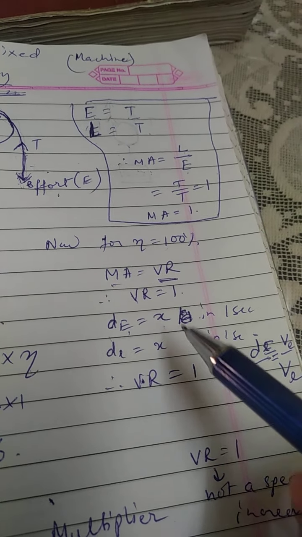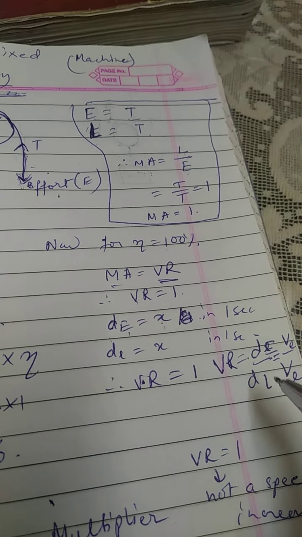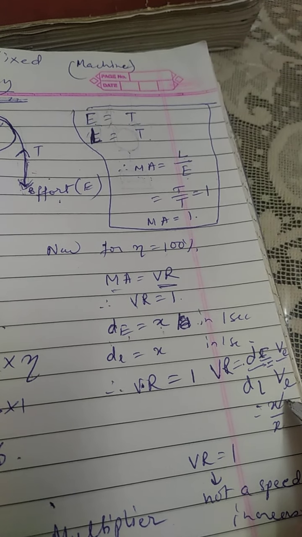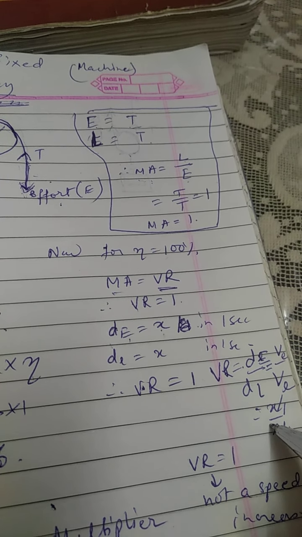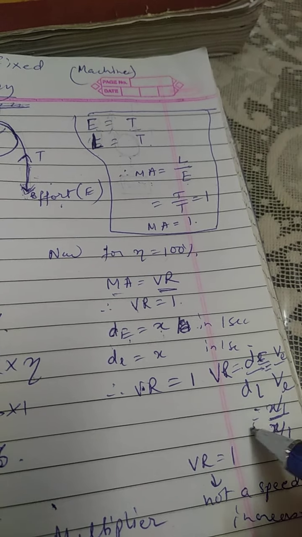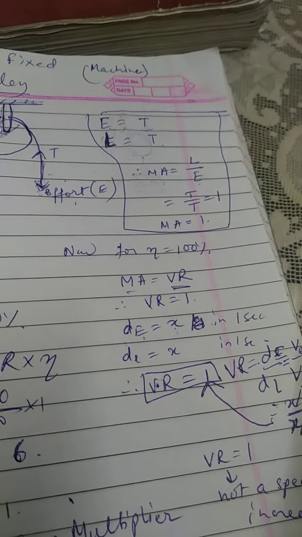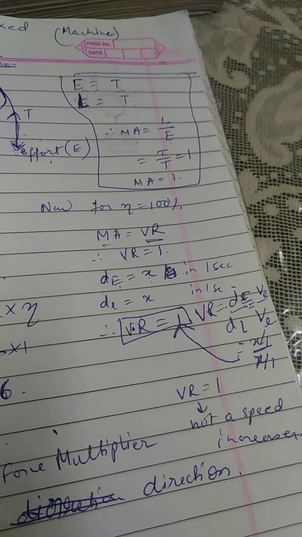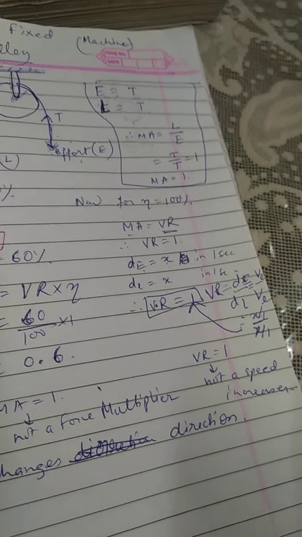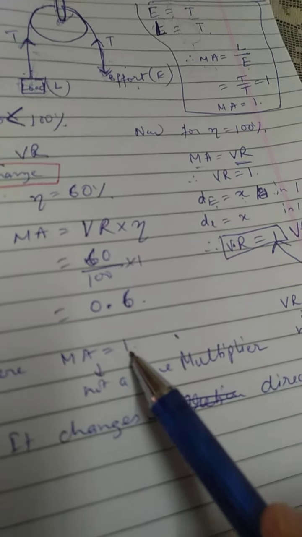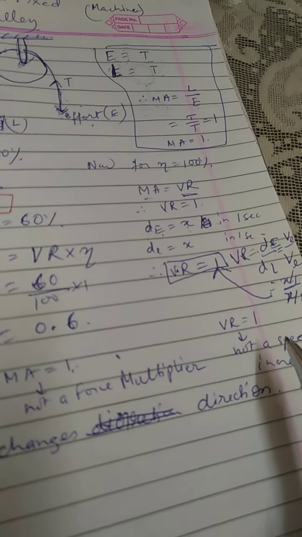So it is the distance moved in 1 second, so it is x upon x, it gets cancelled and we get the velocity ratio value as 1. So for a fixed single pulley, mechanical advantage is 1, velocity ratio is also 1.